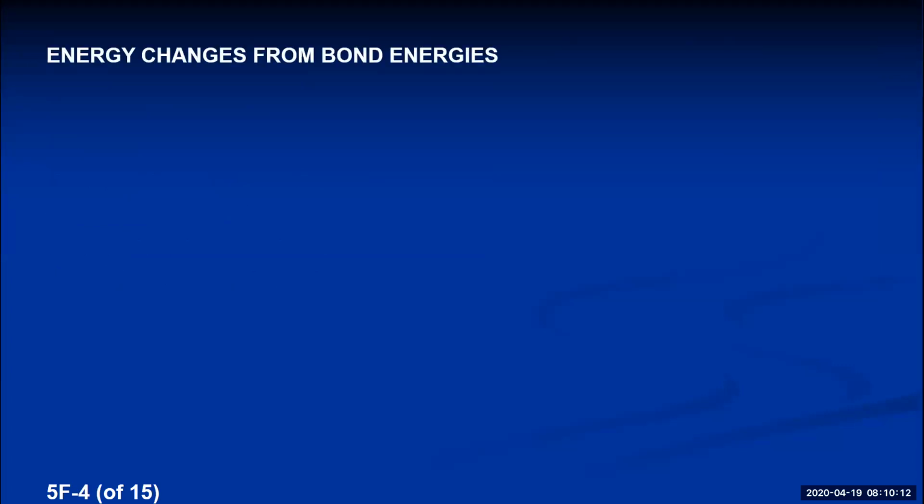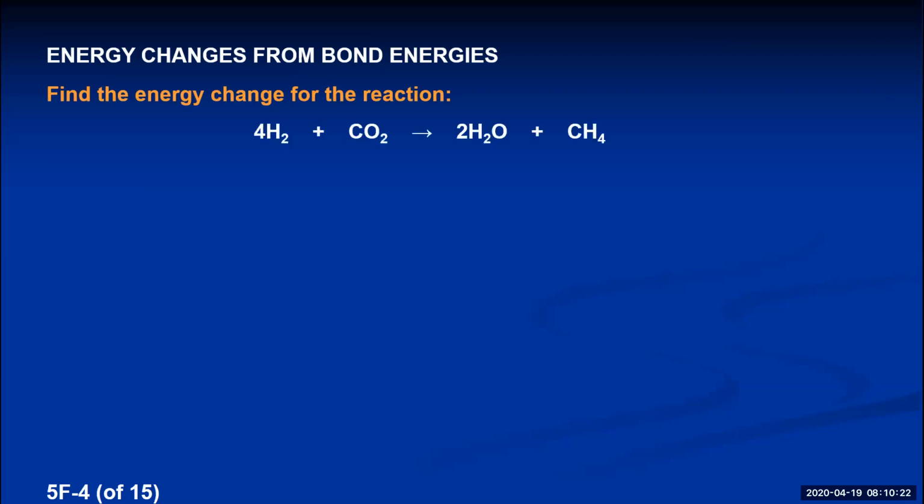So we're going to show you now how to determine the energy change of a chemical reaction from known bond energies. We're going to find the energy change for the reaction for diatomic hydrogen molecules reacting with a carbon dioxide molecule to form two water molecules and a methane molecule.